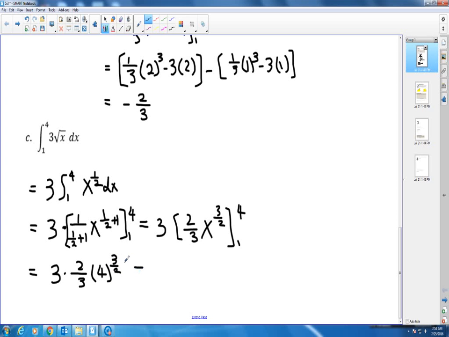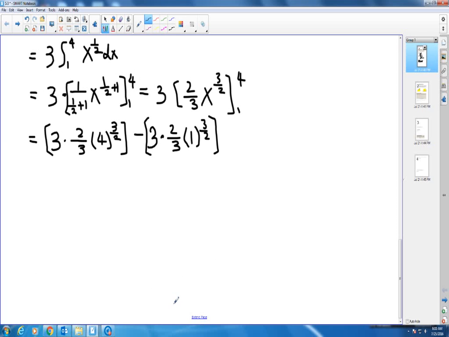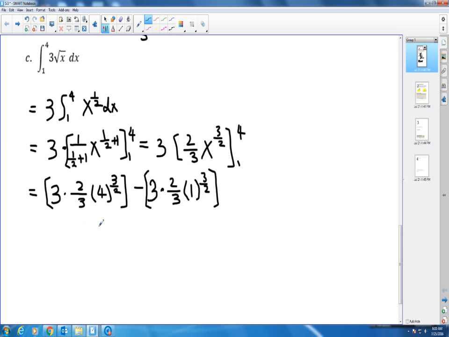Okay, minus, so we'll put this in the bracket, minus the same 3 times 2/3 times 1 to the 3/2 power. Alright, so if you put that part in the calculator and subtract them, then that will give you area 14.